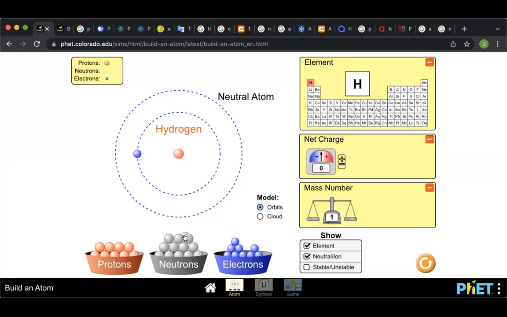This, for example, first of all, there is no atom at this moment. So I aggregate one proton. One proton will mean hydrogen. Remember that the number of protons will define which atom I am talking about. So if I aggregate another proton, that will be helium.